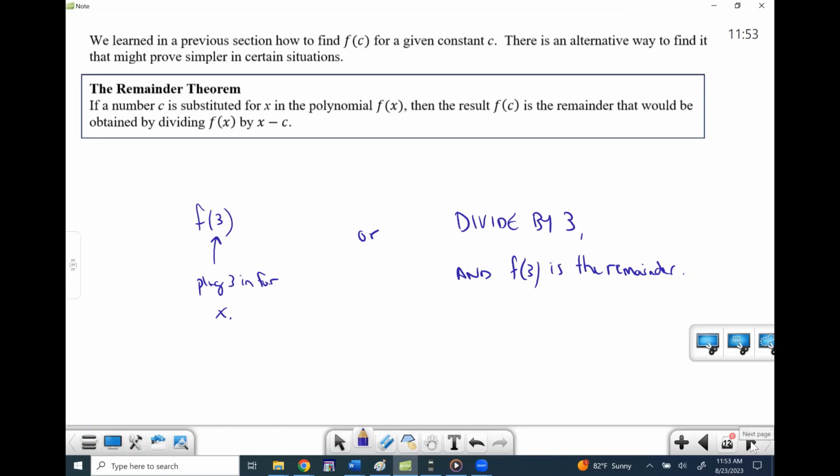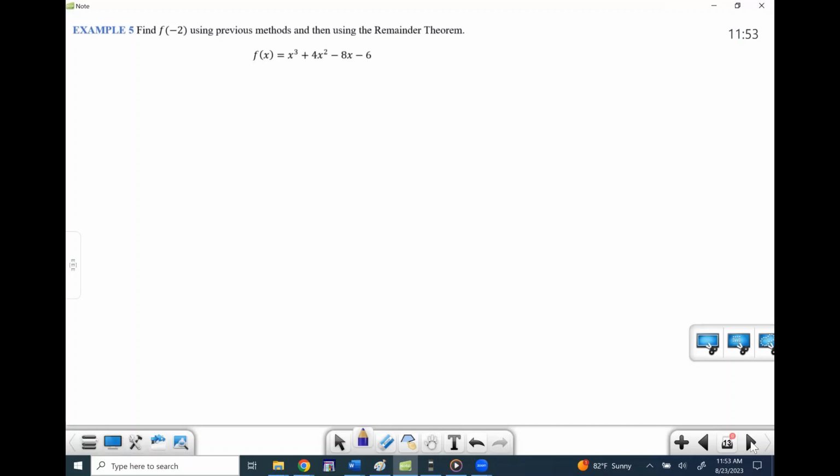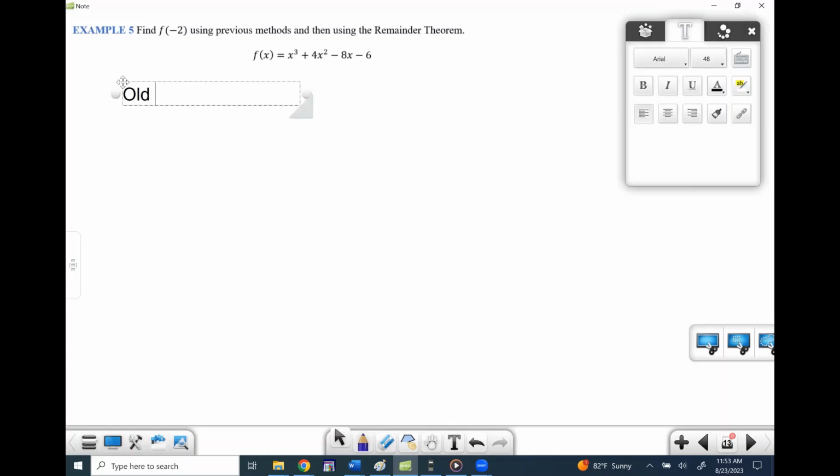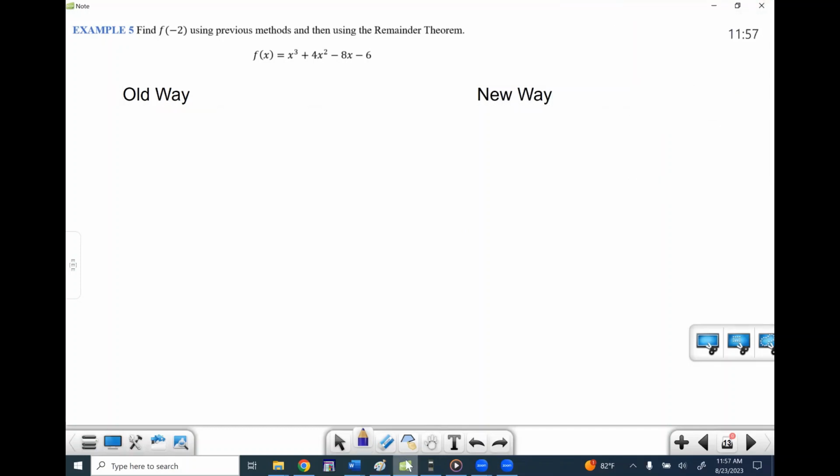So let's go ahead and take a look at this in action. So we're going to do f of -2, the old way and the new way. Okay, let's go ahead and substitute -2 into the function.